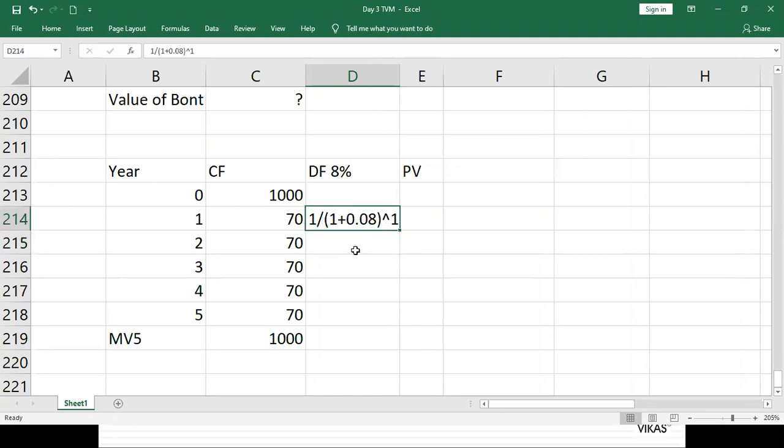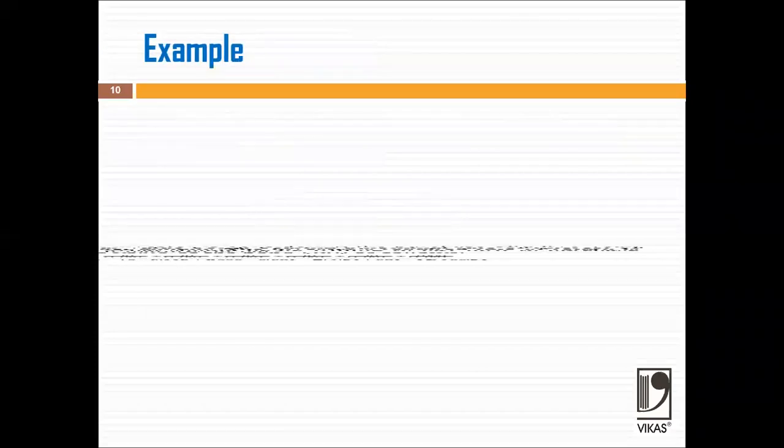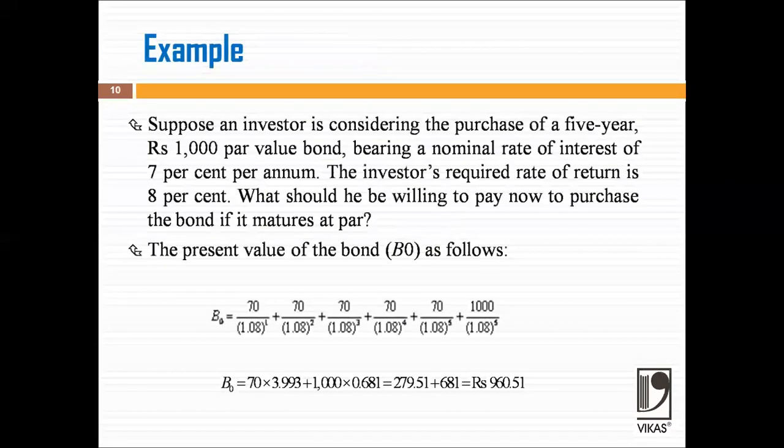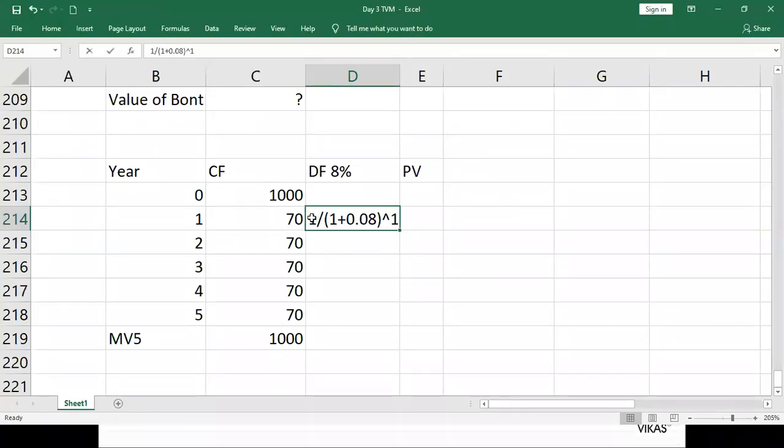It's a present value. What is the present value? Discount factor. 0.926.